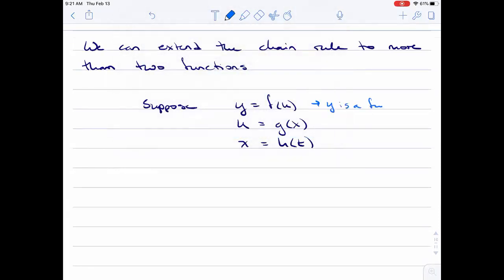y is a function of u, u is a function of x, and x is a function of t.